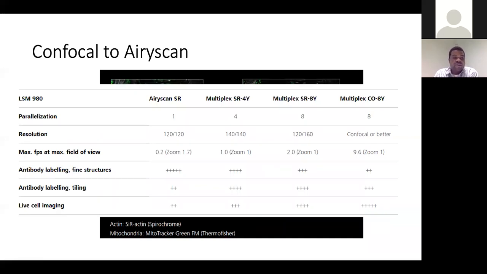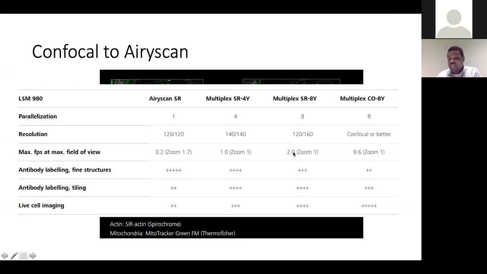So here is a quick representation of why the Airyscan is faster. First, instead of scanning only one region at a time, you can multiplex them. And by multiplexing and scanning across, you can first increase your resolution, from 240 to 120.